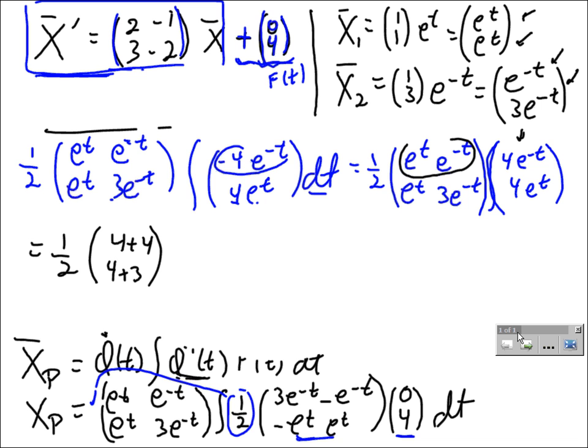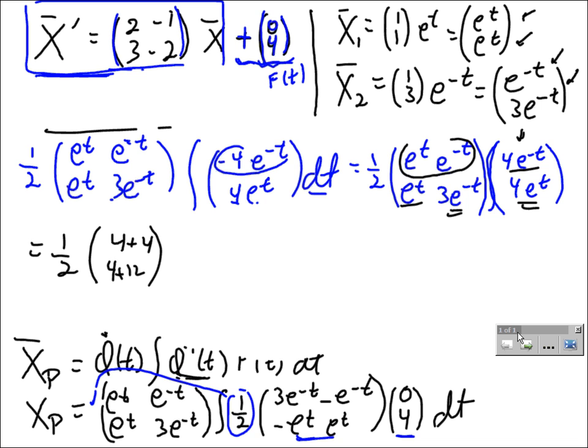Now, somehow when I work this out, I got 4, 8. Actually, both of those answers are wrong. You get 4 plus 12, because this times that is 12.